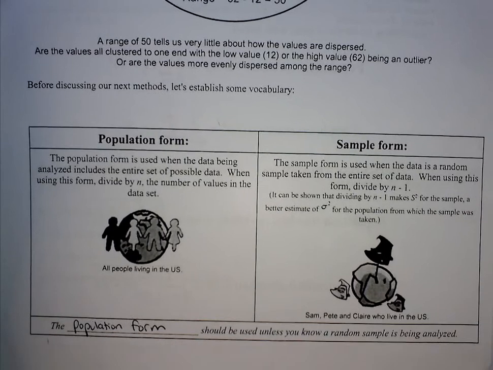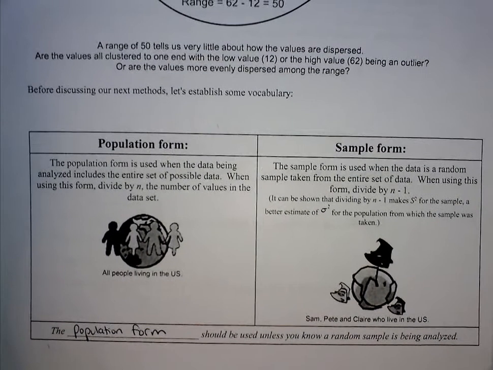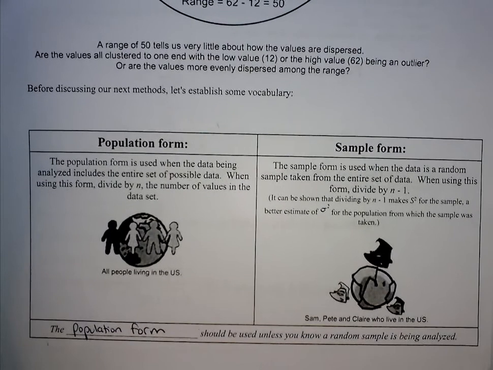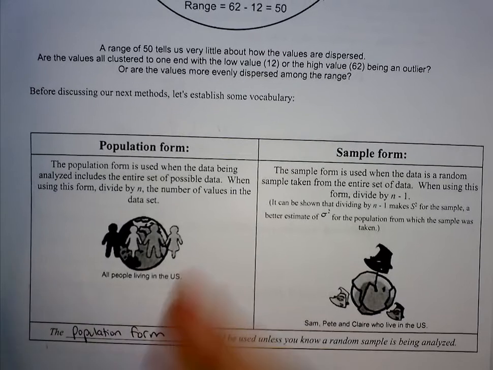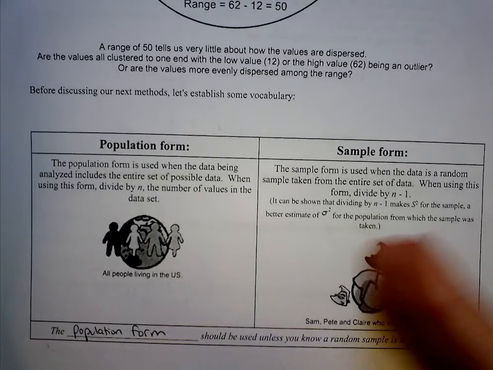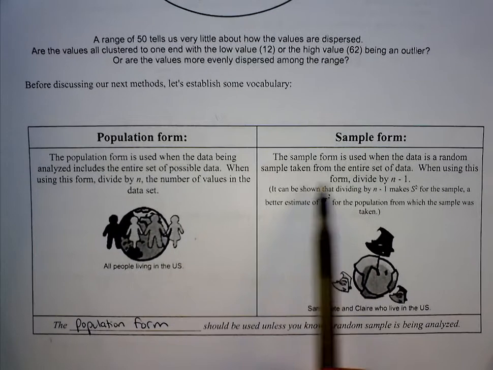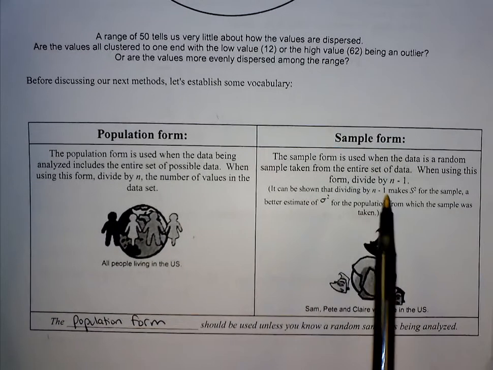If we were talking about the population of Latinos living in Los Angeles, that means you'd be literally talking about every single person who identifies as Latino in Los Angeles. If you are talking about a sample, that means you're just taking a sample from that.